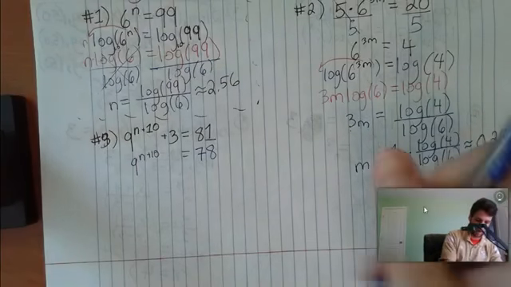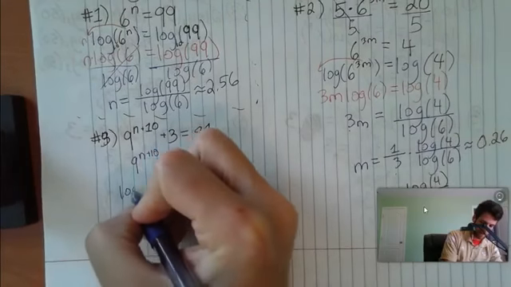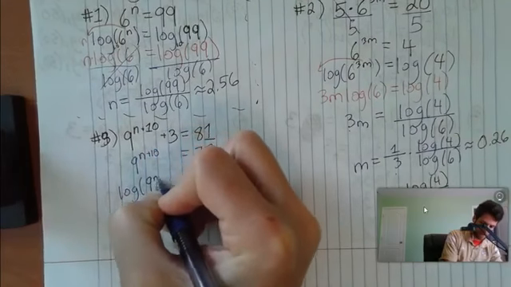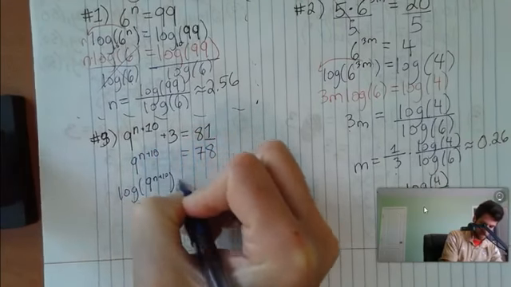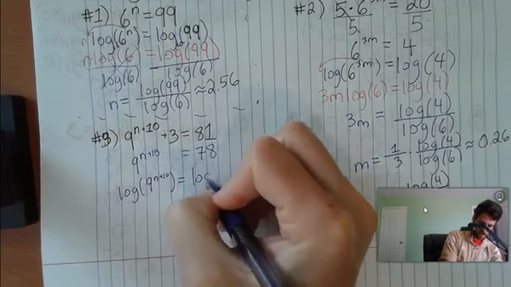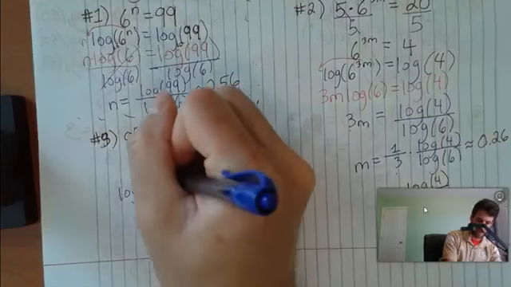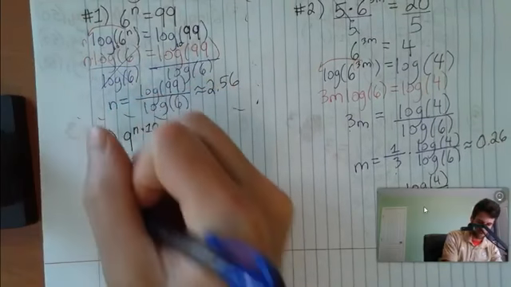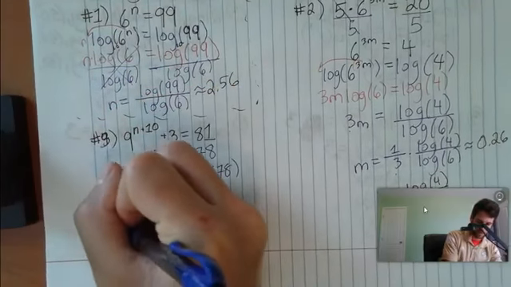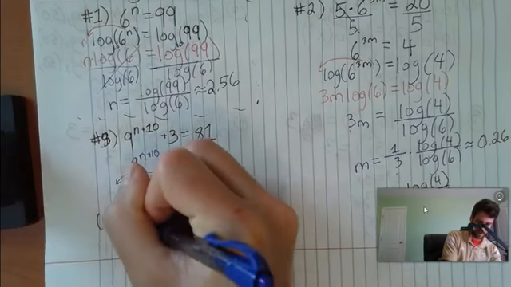So we want to write it as the log of both sides, and once we have the log of both sides, the n plus 10 is moving to the front. Make sure you use parentheses for this part up front.